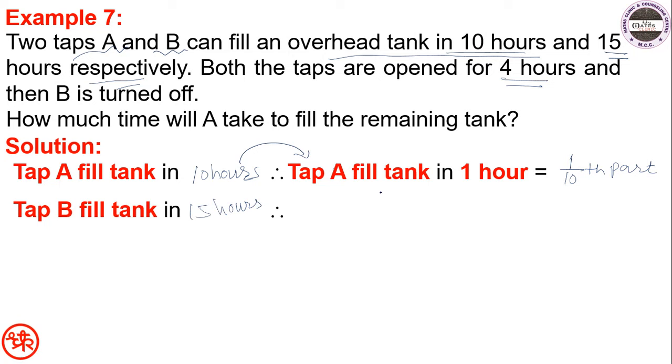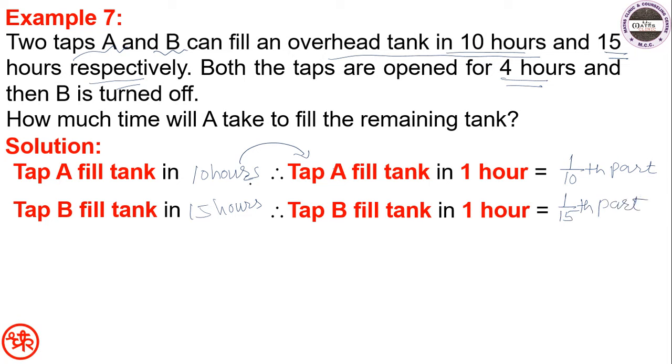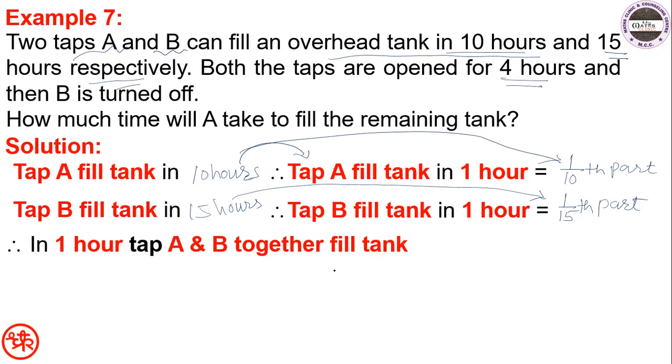And therefore, tap B fills the tank in 1 hour 1 by 15th part. From 10 hours it is determined 1 by 10. From 15 hours it is determined 1 by 15. Okay, now tap A and B together fill the tank in how many hours? 4 hours.